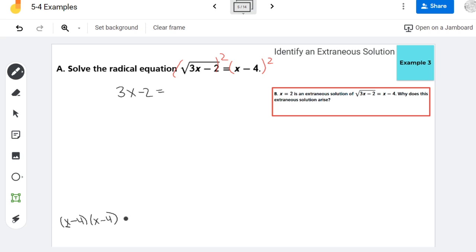Okay, I'm going to distribute the x first. So x times x is x squared, and x times negative 4 is negative 4x. Now I'm doing the same thing with negative 4. So negative 4 times x is negative 4x, and negative 4 times negative 4 is a positive 16. Then we collect those like terms, and so that's what goes on the right-hand side of my equation.